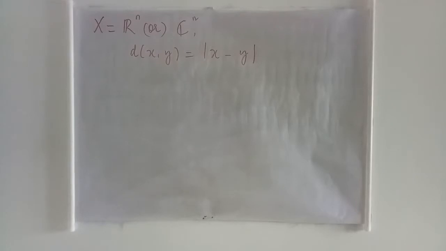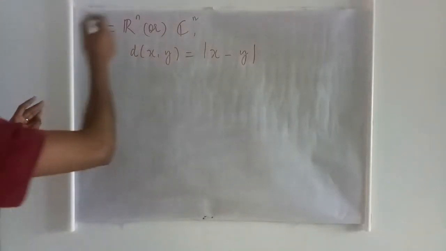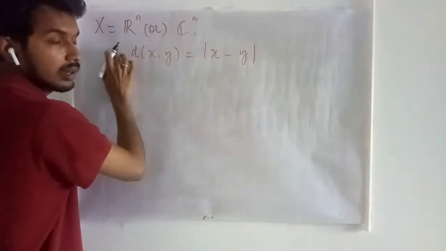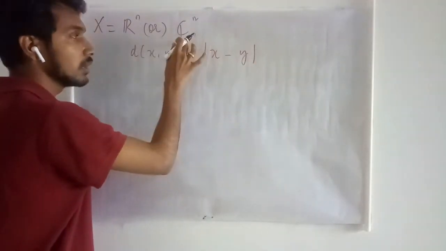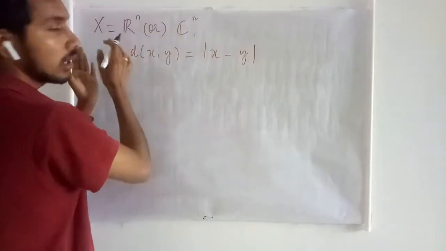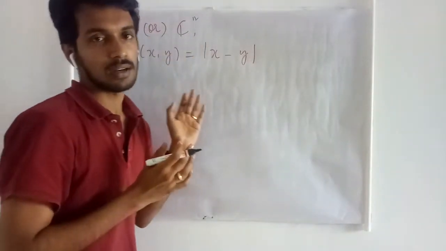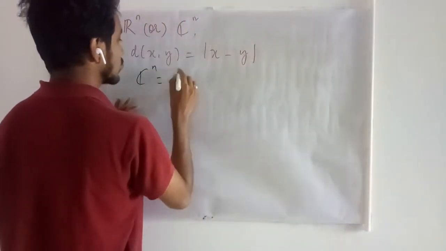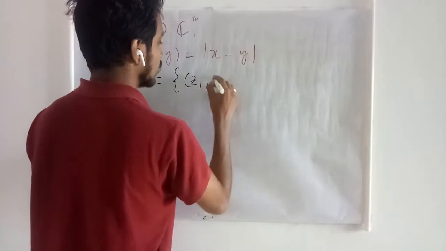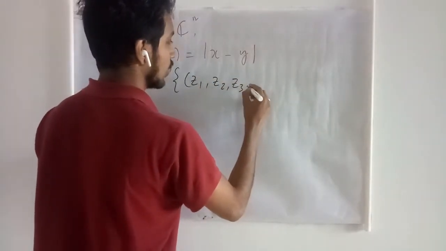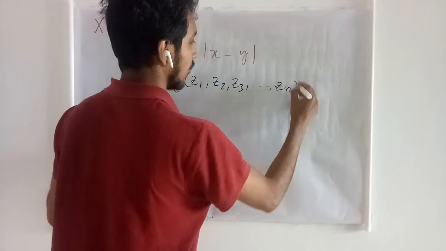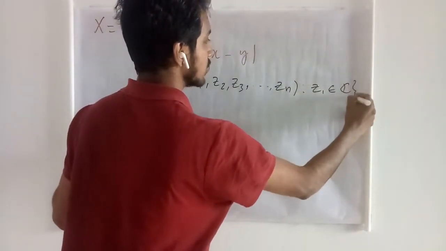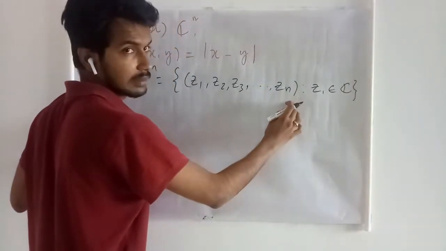Next, I am going to state the names for these spaces. We have proved this is a metric on Rn, and this can be proved to be a metric on Cn as well. What are Rn and Cn? Rn we have encountered in many of the previous videos. This Cn is going to consist of (z1, z2, z3, and it goes on till zn), where all these zi are taken from C, which means all the entries are complex numbers.